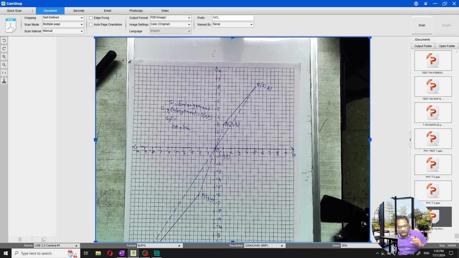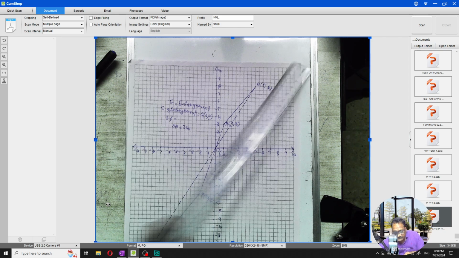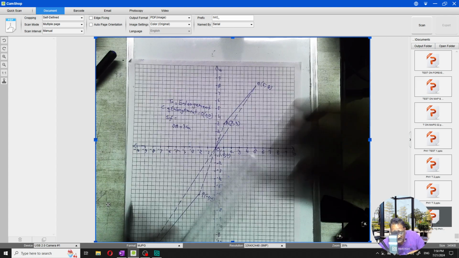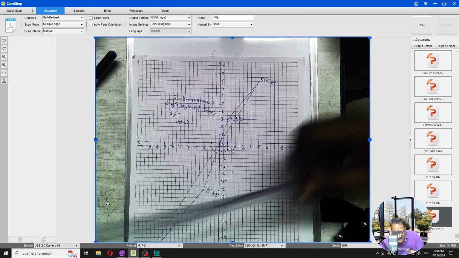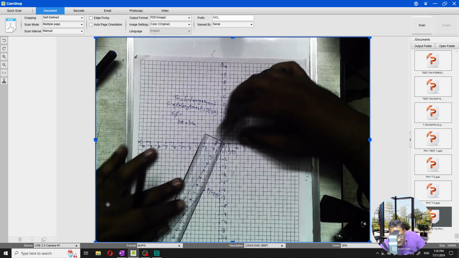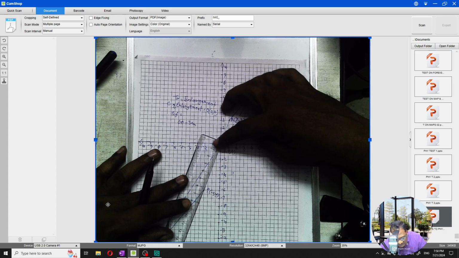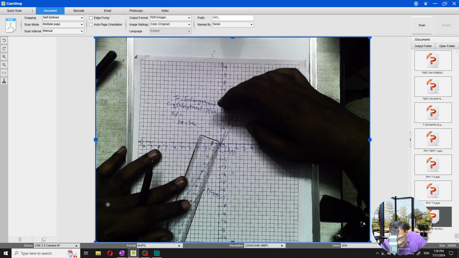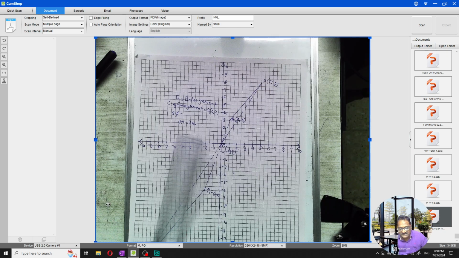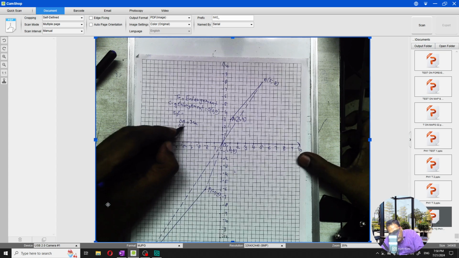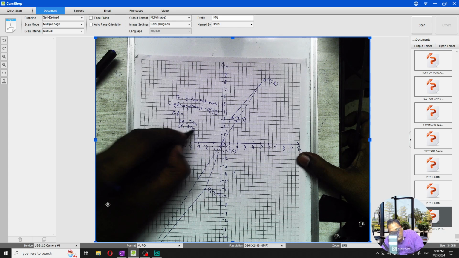And OP, let me check what I'm getting. I find it to be 6 centimeter. So OP is equal to 6 centimeter.